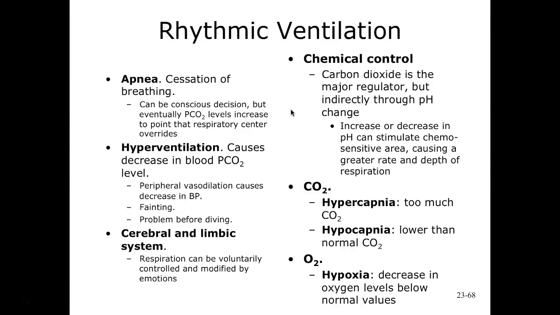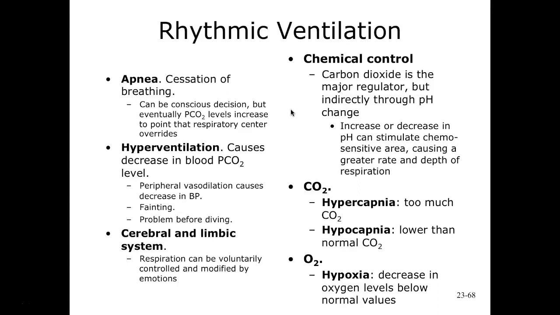Carbon dioxide is our major regulator, but this is indirectly through our change in pH. An increase or decrease in our pH can stimulate our chemosensitive areas, which we'll talk about in a moment, in our medulla and the carotid and aortic bodies, and that causes a greater rate and depth of our respiration.